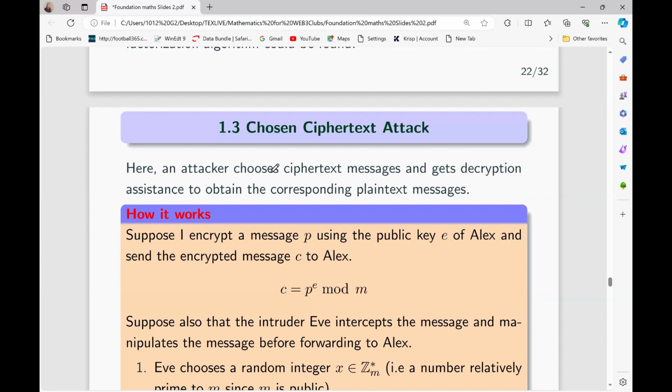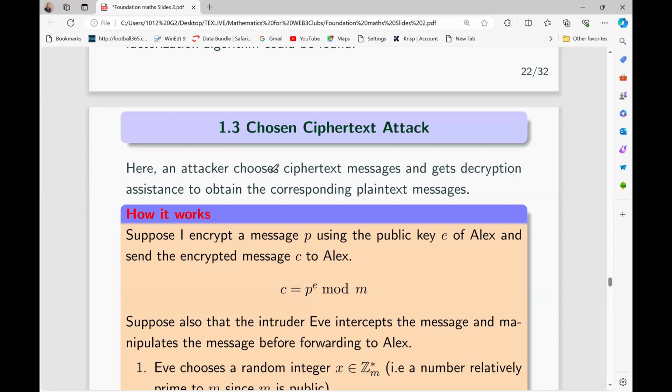If Alex gets the message from the intruder, not from me, and the intruder has a way of making people think that it's me communicating, he manipulates the ciphertext, multiplies it with another number, and sends it to Alex.